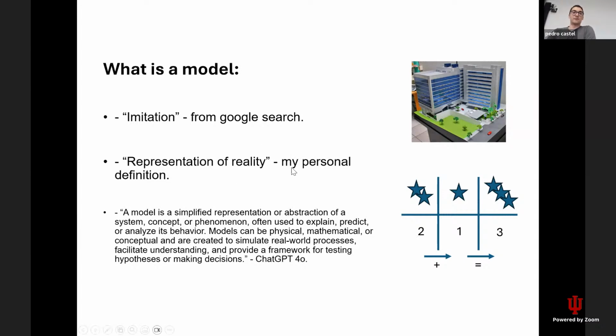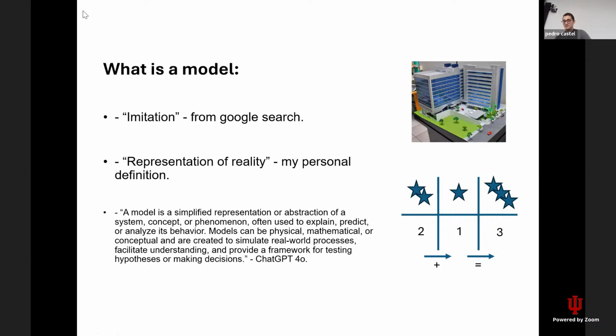From a Google search, you'll get imitation as a model. I think it's already a very short and very good definition of a model: imitation. There is something out there, and we are trying to imitate it in a simpler way. Some people use maps as an example of a model, like real maps, cartography charts.